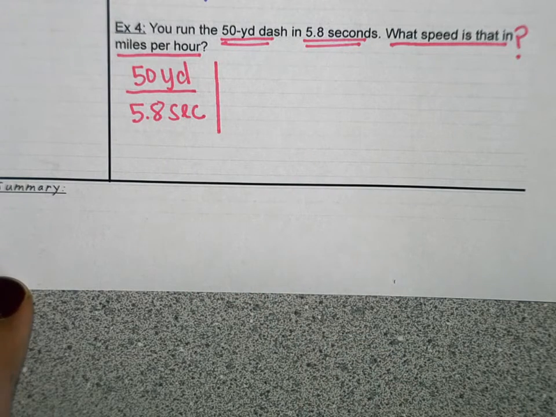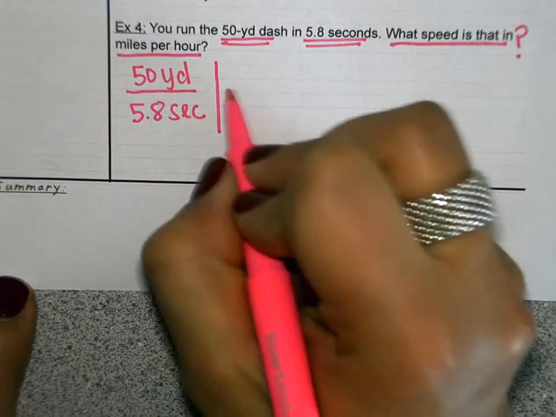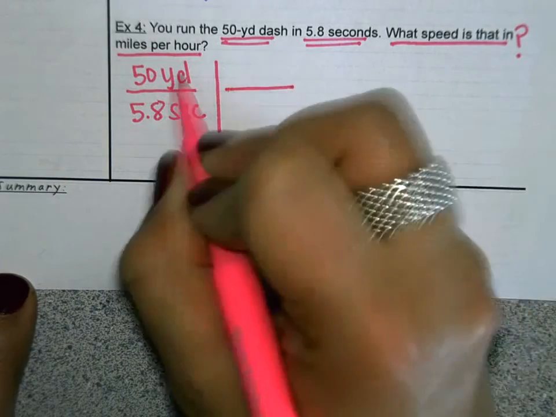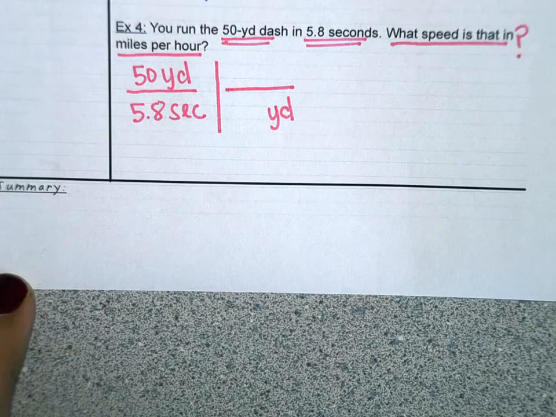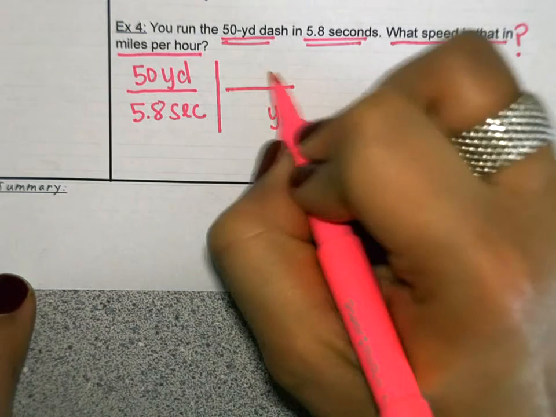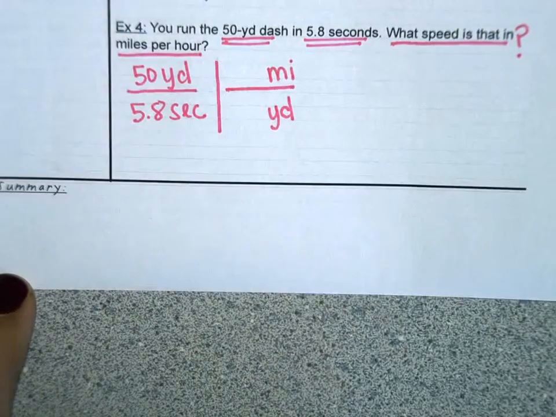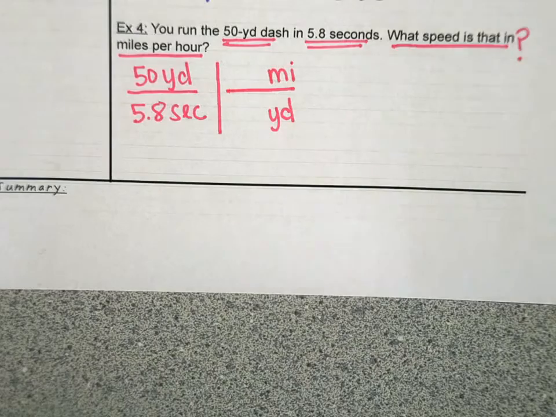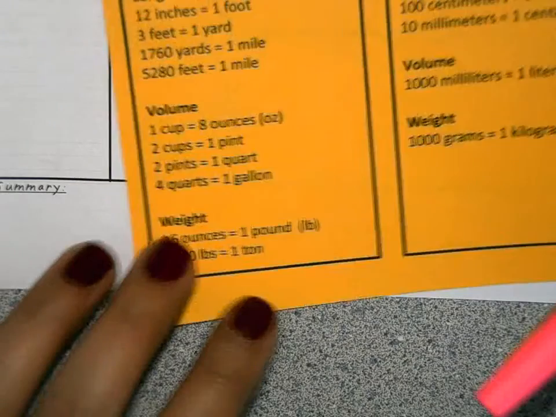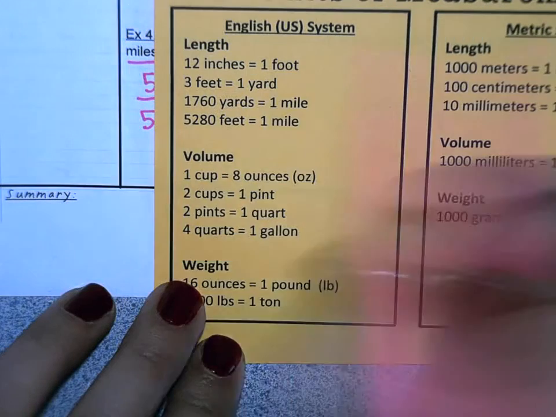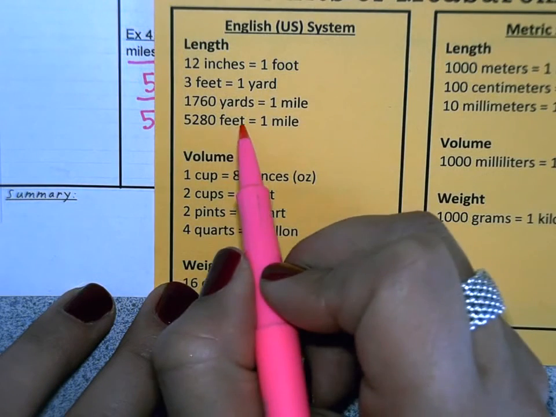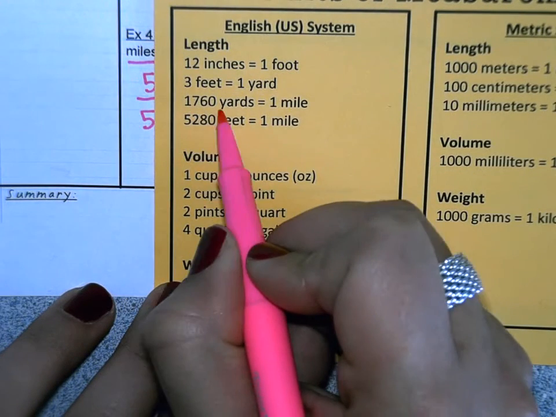So I'm going to convert yards to miles first. So I know that I want yards to be on the bottom, which means I'm going to put miles on top. And that's when this chart is going to come in handy. So there are 1,760 yards in 1 mile.